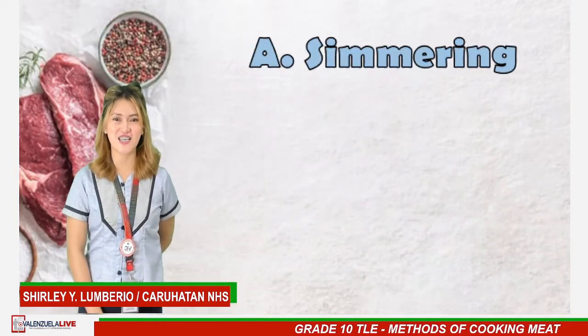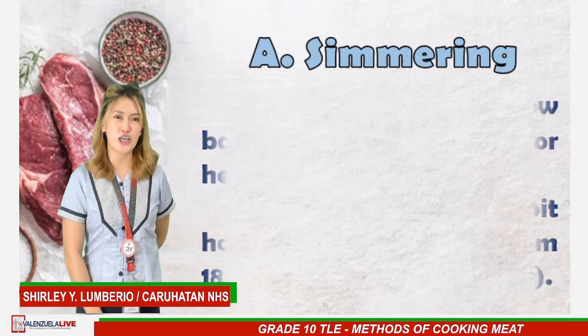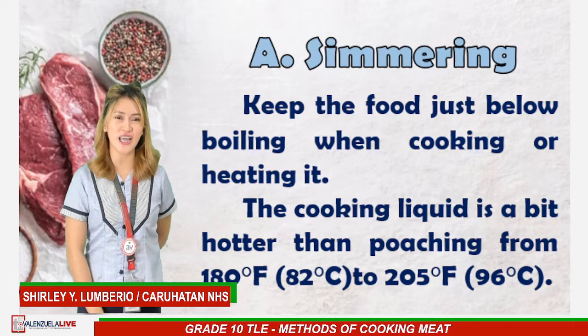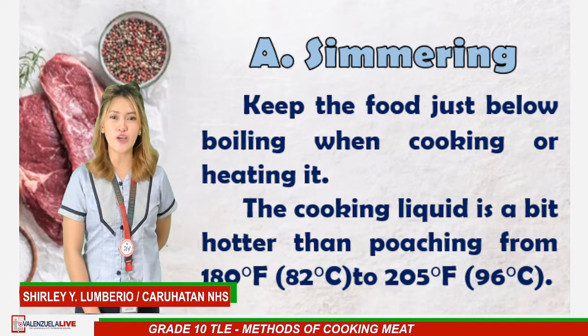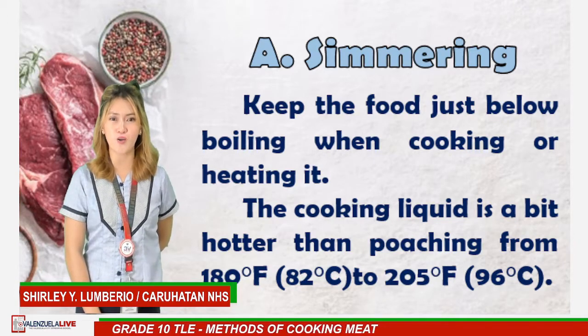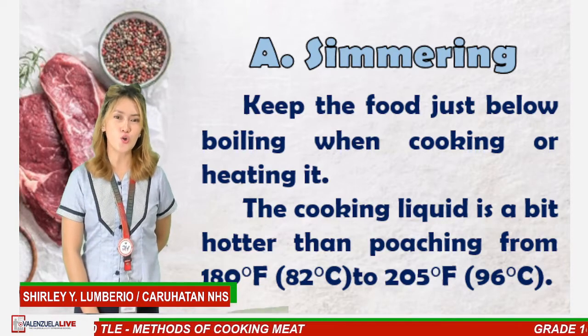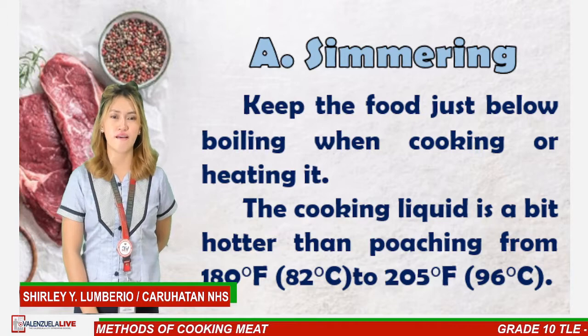First is simmering. It keeps the food just below boiling when cooking or heating it. The cooking liquid is a bit hotter than poaching, from 180 degrees Fahrenheit to 205 degrees Fahrenheit.